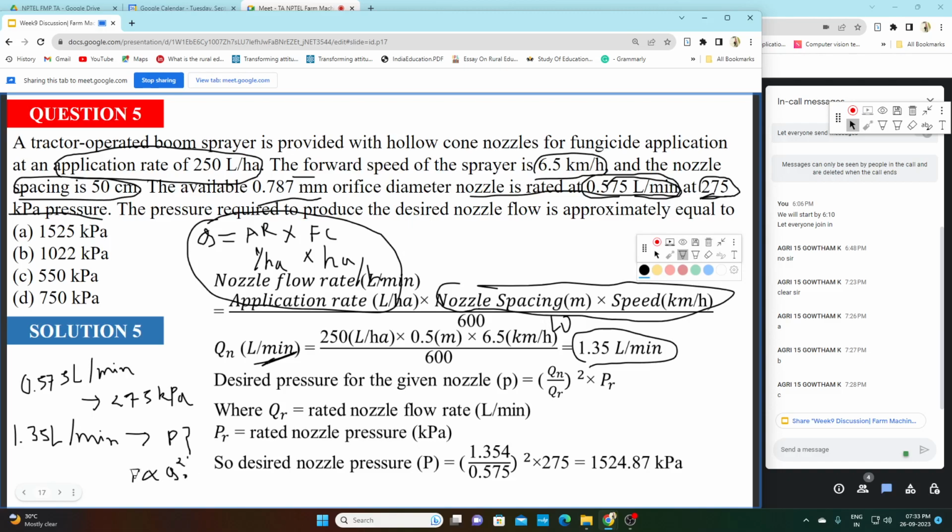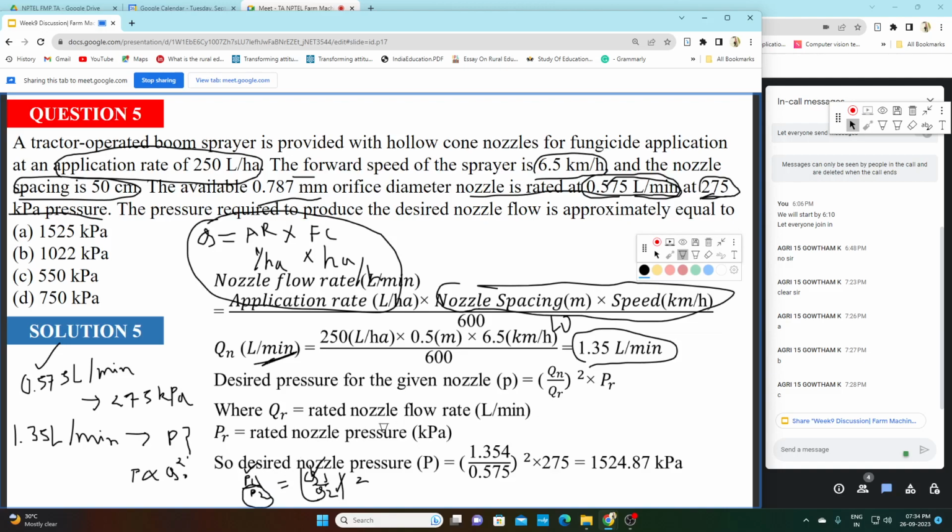So P1 divided by P2 is equal to Q1 divided by Q2 squared. Q1 we know, 0.575. Q2 we know, 1.35. P1 also we know, 275 kilopascal. So we can find out P2.